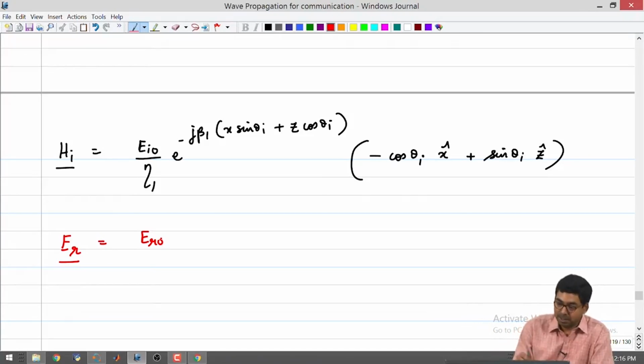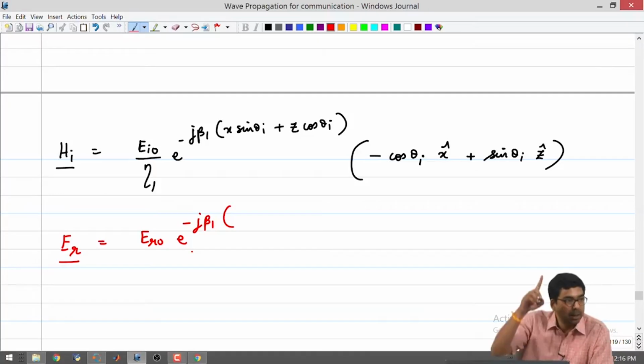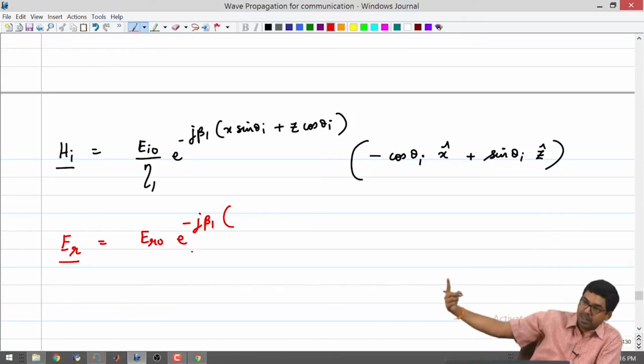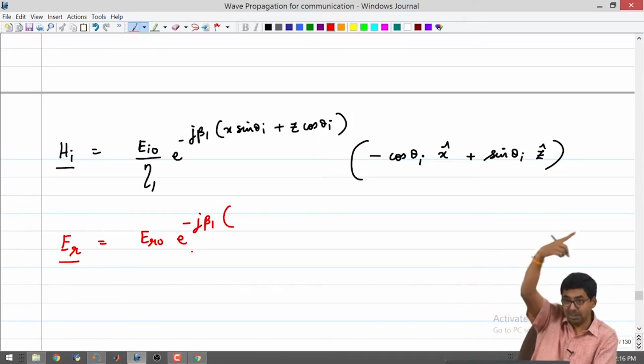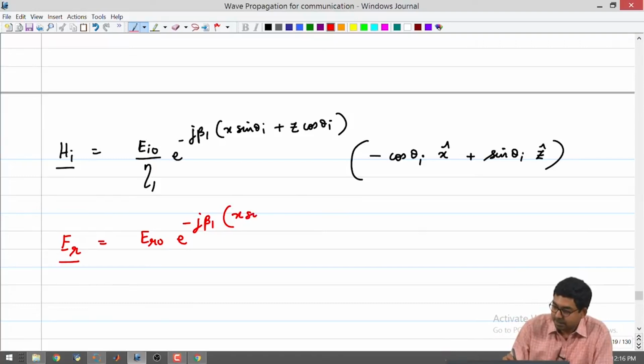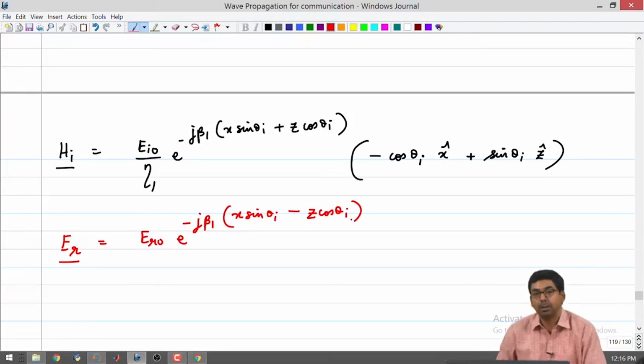So, the general form is E_R0 times e to the minus j beta 1, and the way we had written it for the perpendicular polarization was, it is still travelling along the positive x direction, but going in the negative z direction. So, if you go back and look at the expression, we will have x sin theta I minus z cos theta I. This corresponds to the k that you are going to be taking.